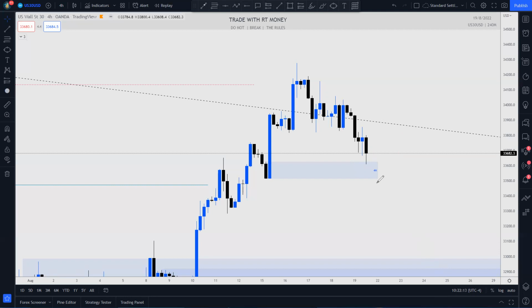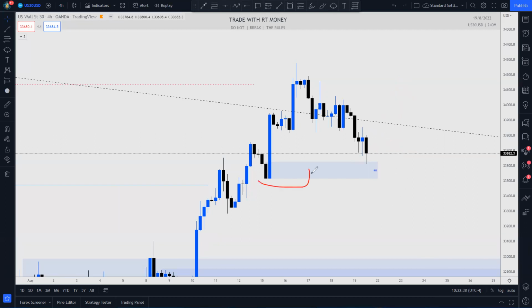So you can look at it here. We break this high like that. I'm waiting for it to come back so we can take this up. You understand? Boom. That is the conservative approach.